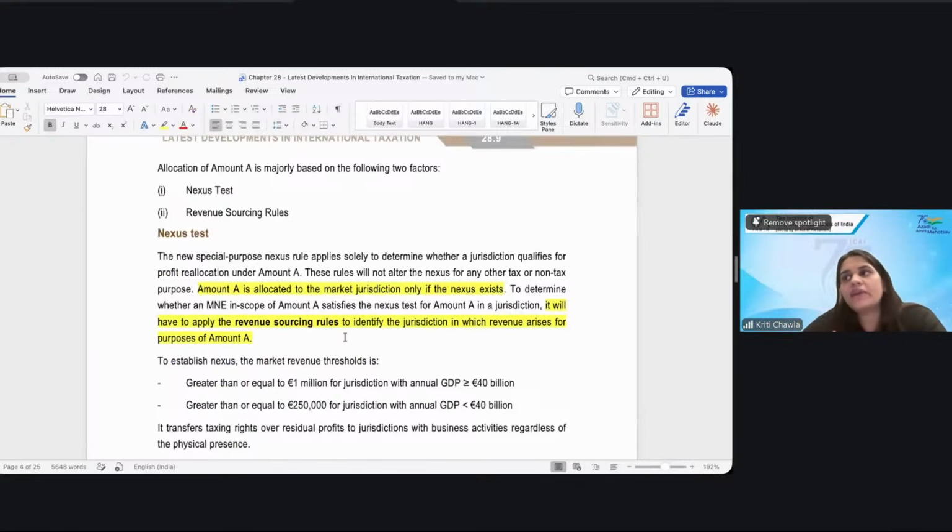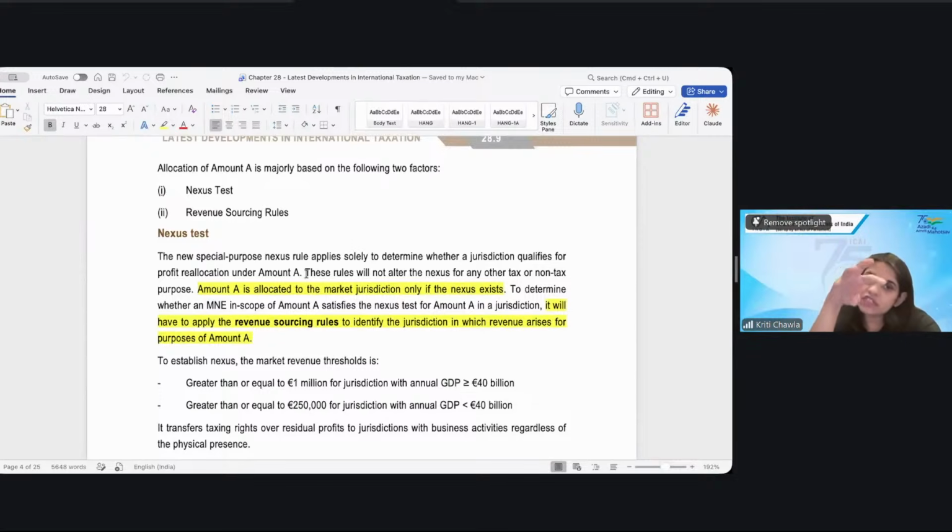Now, Amount A allocation is based on two factors. One is something called a nexus test, and then there is something called revenue sourcing rules. The nexus rule applies to determine whether a jurisdiction qualifies for profit reallocation under Amount A. So Amount A is allocated to the market jurisdiction only if a nexus actually exists.